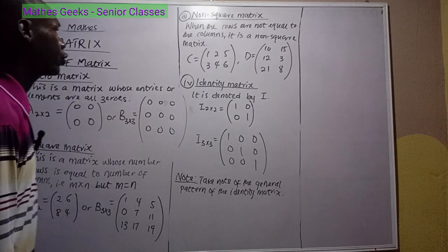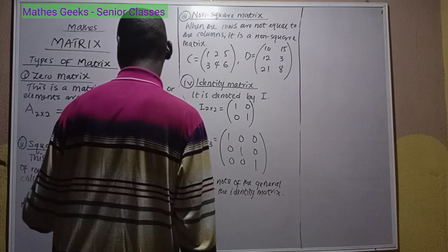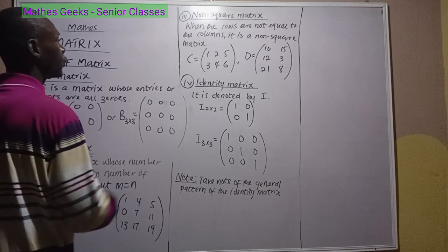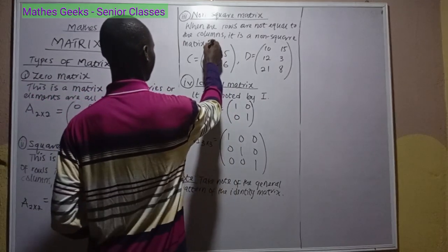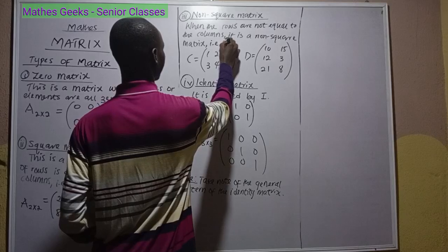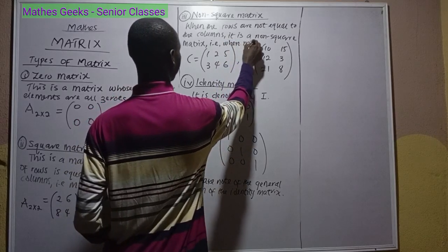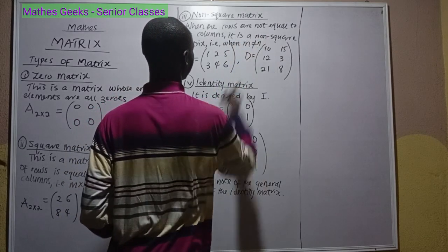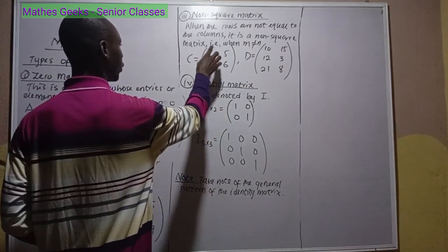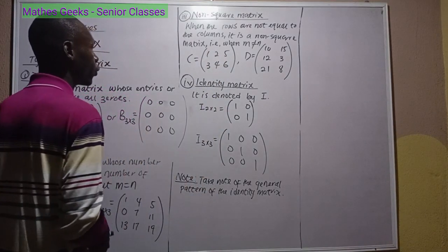Then the non-square matrix. The square matrix is when m is equal to n. The non-square matrix is when m is not equal to n. So the number of rows is not equal to the number of columns.